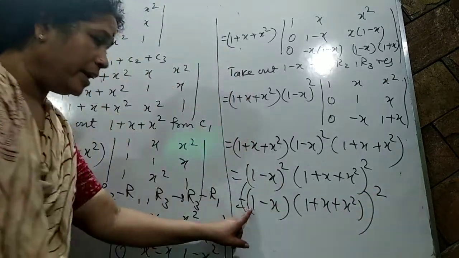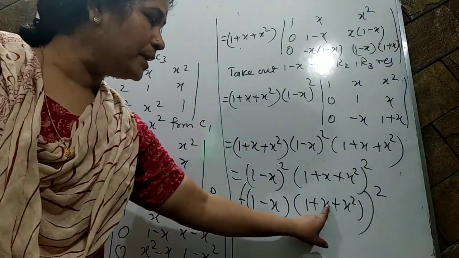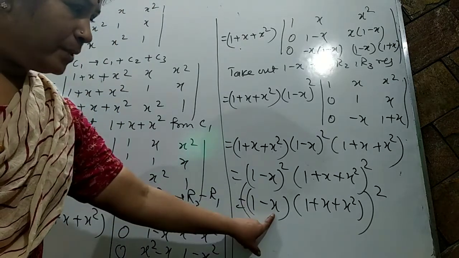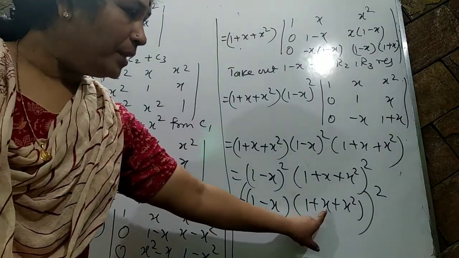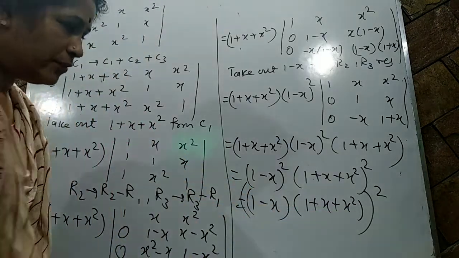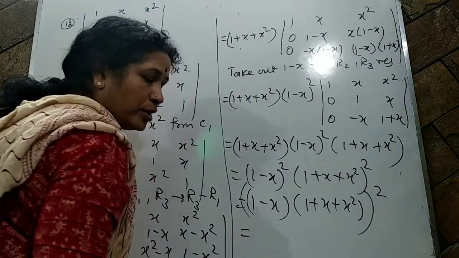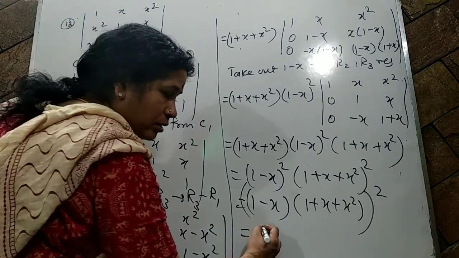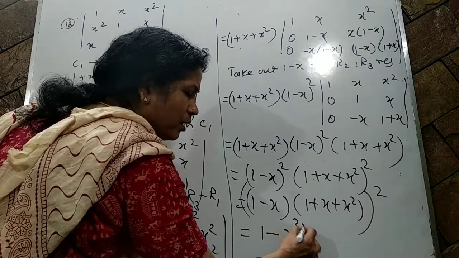Now what is the formula? (a minus b)(a square plus ab plus b square) is a cube minus b cube. So (1 cube minus x cube) whole square.